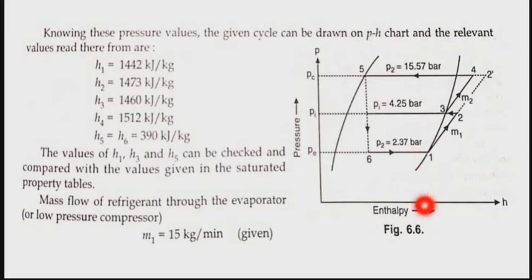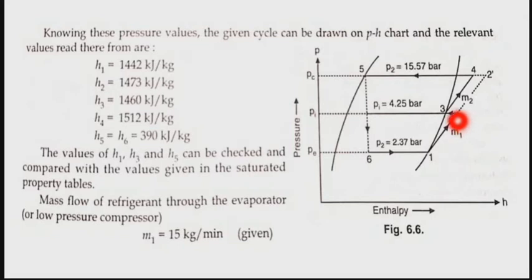When you draw a constant entropy line from there up to the intermediate pressure, that is point 2. You mark it as point 2, and the corresponding enthalpy you can collect from the bottom.